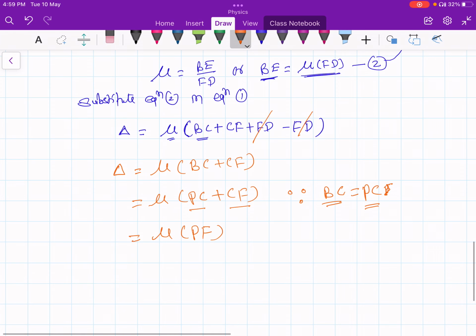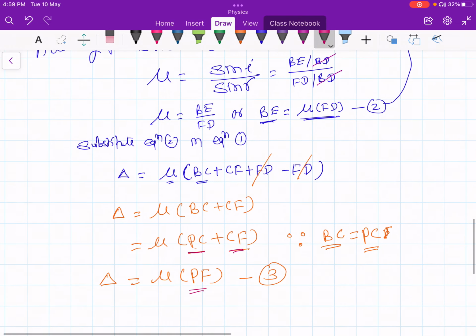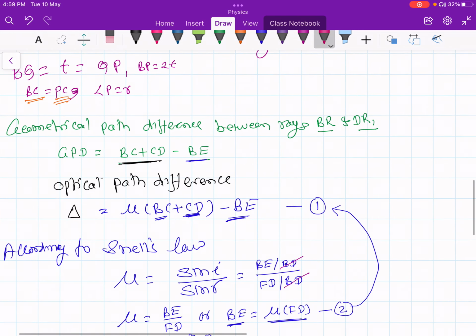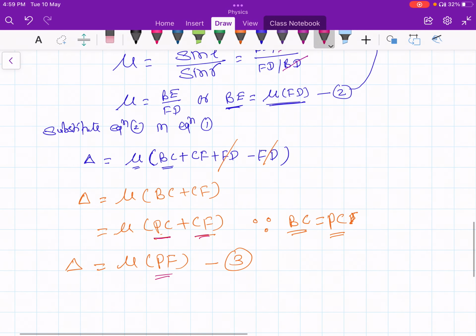Instead of writing PC plus CF, I am writing PF. And this is equation 3. Why I wrote PF? Let's see in the diagram. This is point P, this is point C here, and this is point F. So PC plus CF is equal to PF. And that is my equation 3.